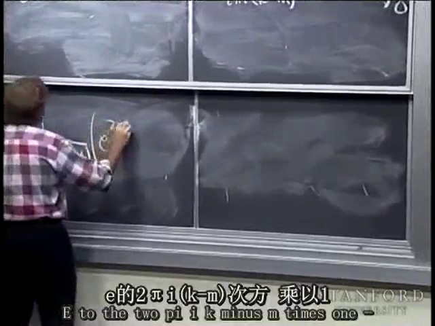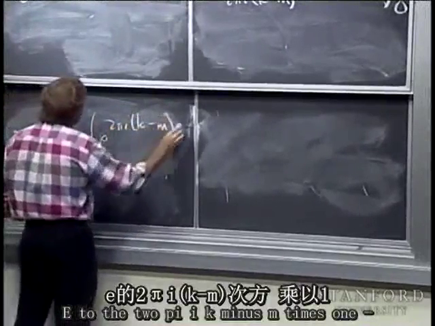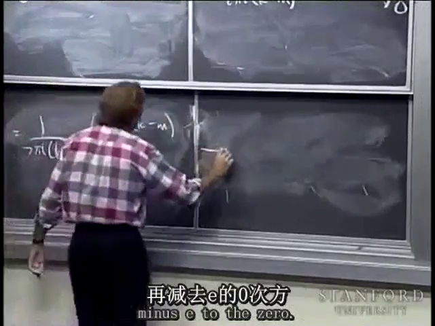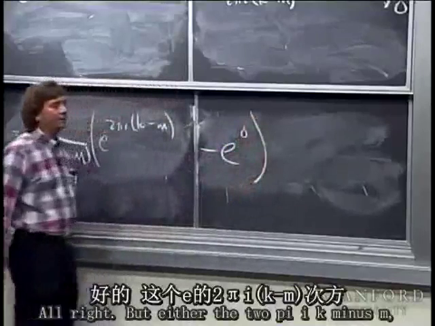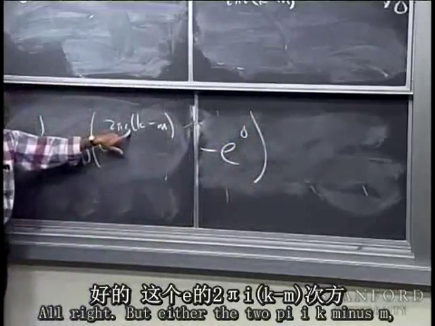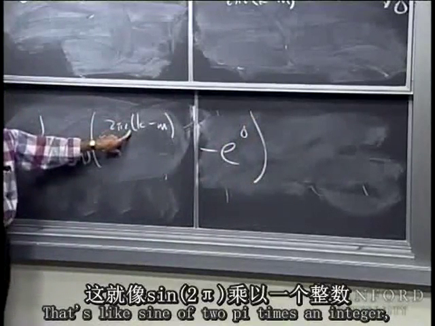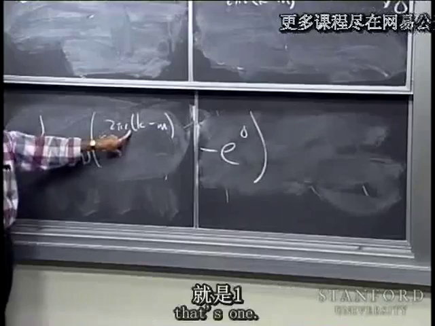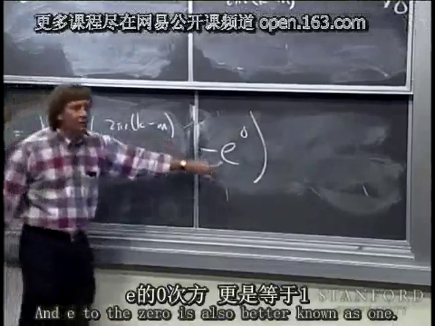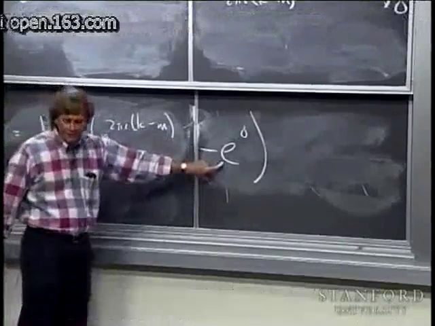It's e to the 2 pi i (k minus m) times 1, so it's e to the 2 pi i (k minus m), minus e to the 0. But e to the 2 pi i (k minus m) is e to the 2 pi i times an integer. That's like sine of 2 pi times an integer, cosine of 2 pi times an integer. That's 1. And e to the 0 is also better known as 1.